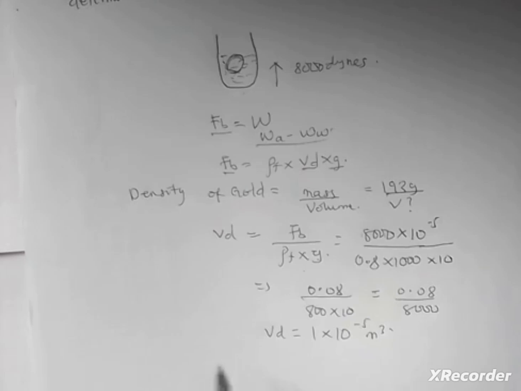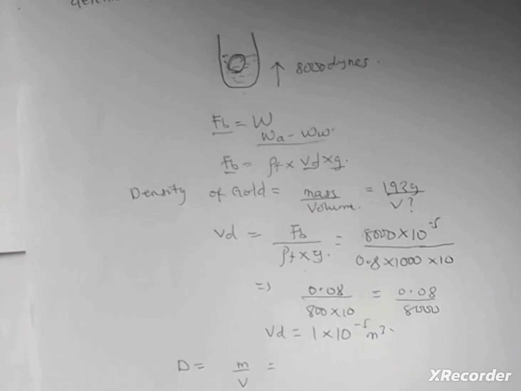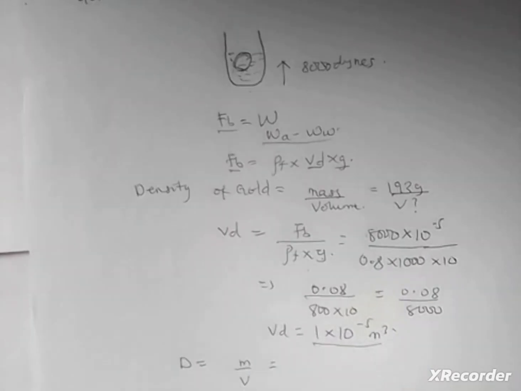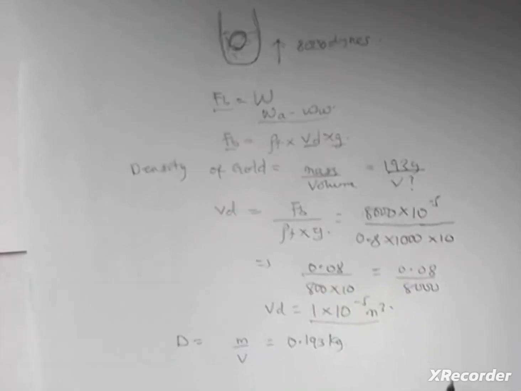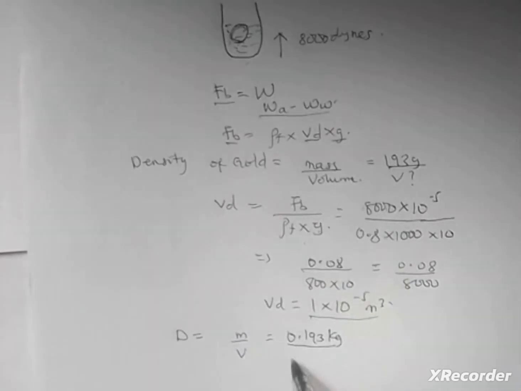So right now I have my Vd, I can go straight to find my density. Density is equal to mass over volume, as I wrote. I have my mass, and the volume is in meter cube, so I have to convert my mass to kilogram. So 193 grams is 0.193 kilogram. Then this is over 1 times 10 to the power negative 5 meter cube.